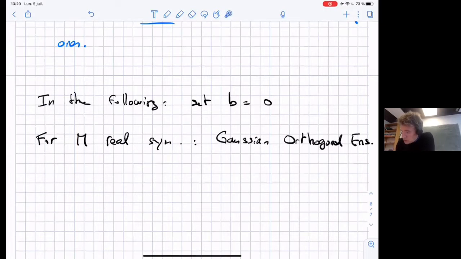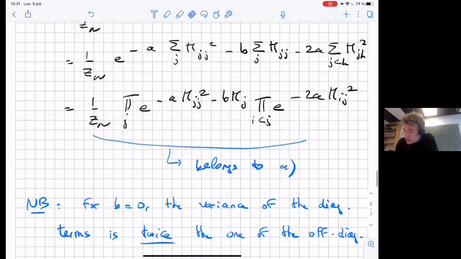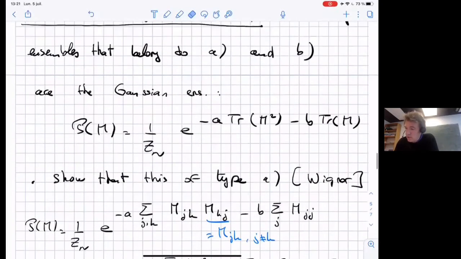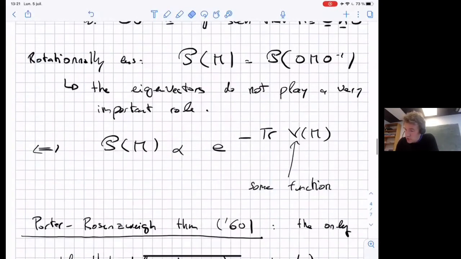So Gaussian is quite clear. Ensemble is also clear. Orthogonal, you see, does not mean that the matrices themselves are orthogonal, but the measure is invariant under orthogonal transformations. So orthogonal is really in that sense.